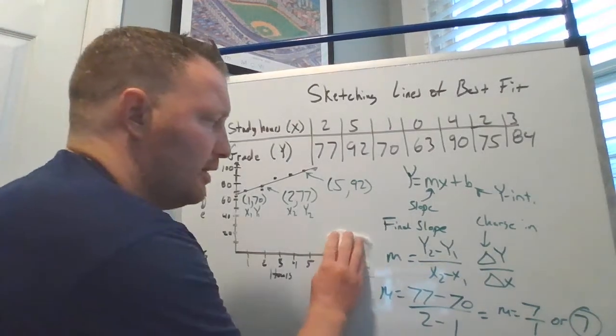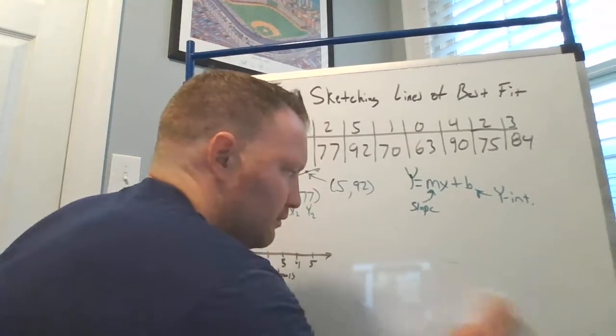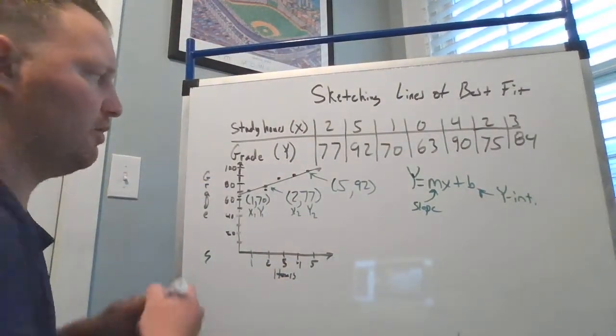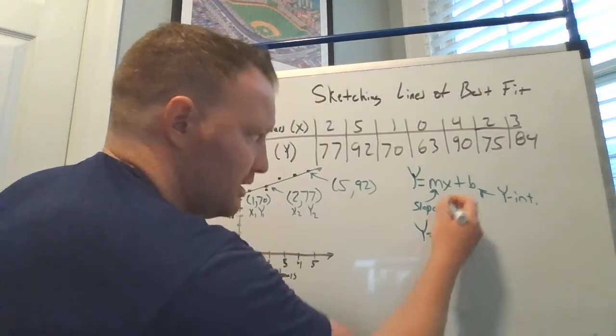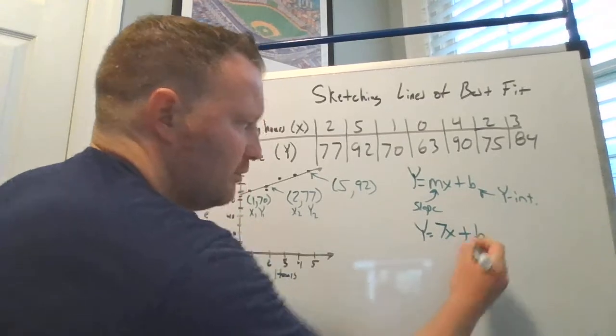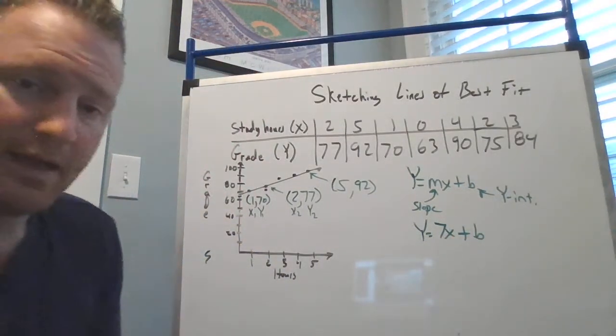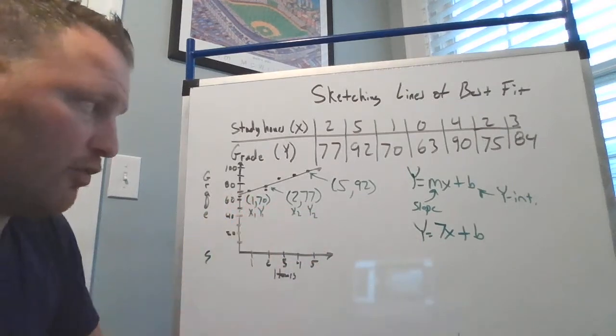So as of right now, if I were to replace this in the equation, I now know my m, which is 7x plus b.